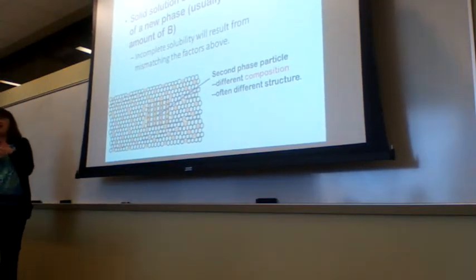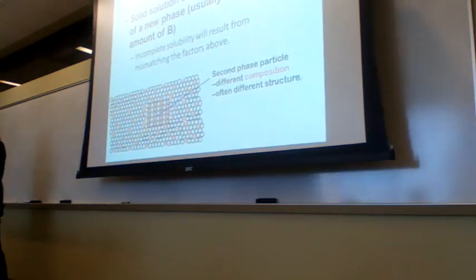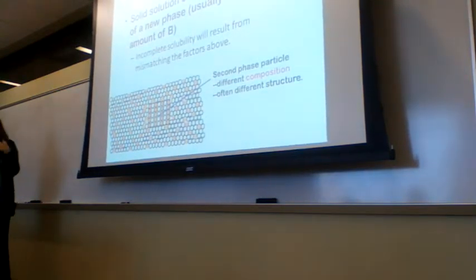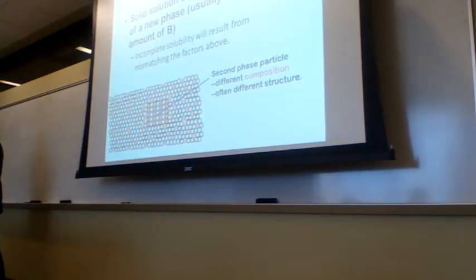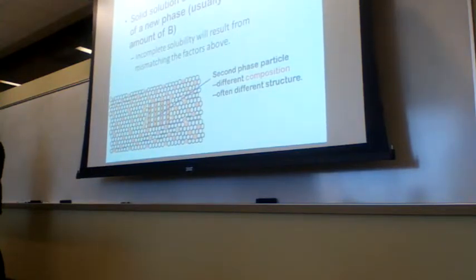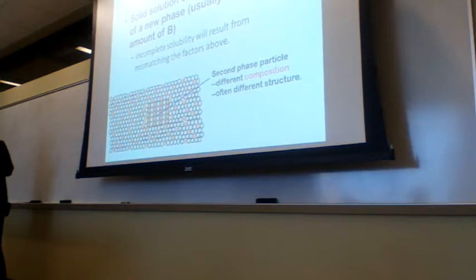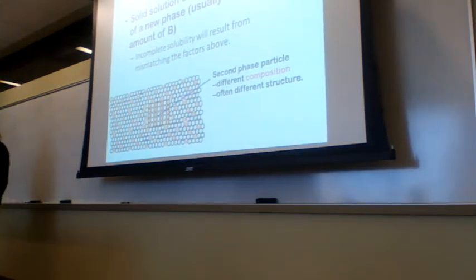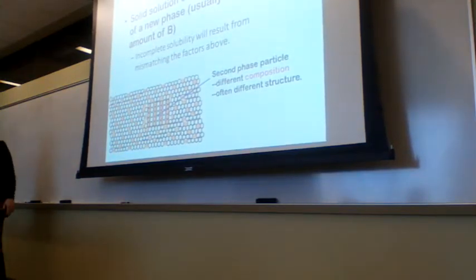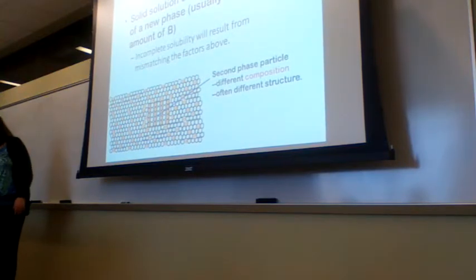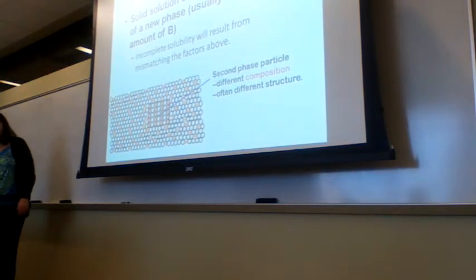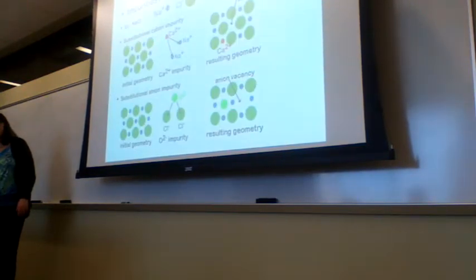And that can happen with alloys as well. Usually that's undesirable because it makes the material's properties change as we change the crystal structure. Okay? So we don't want phase separation, which is what this is. So that's why solubility is so important.